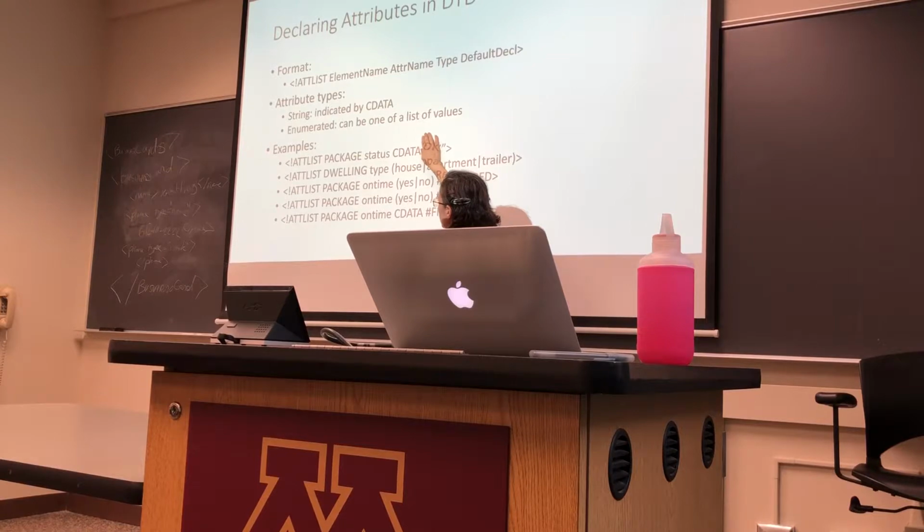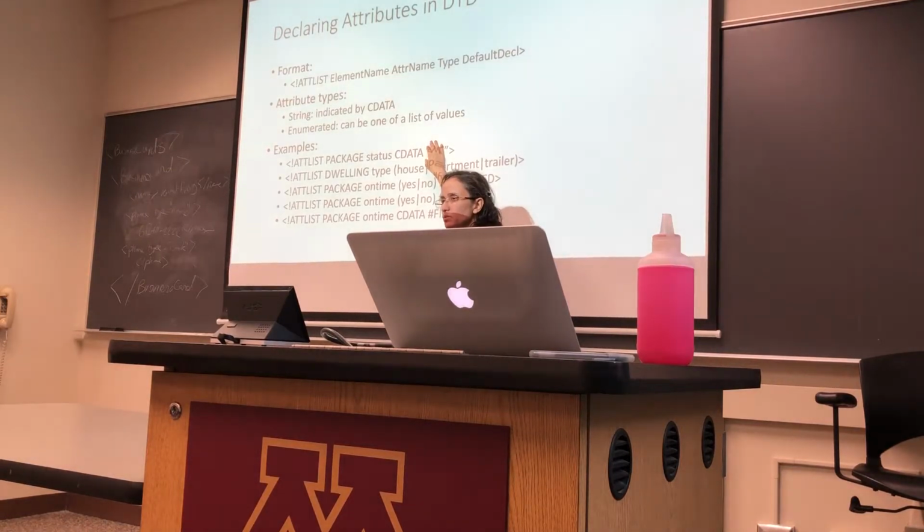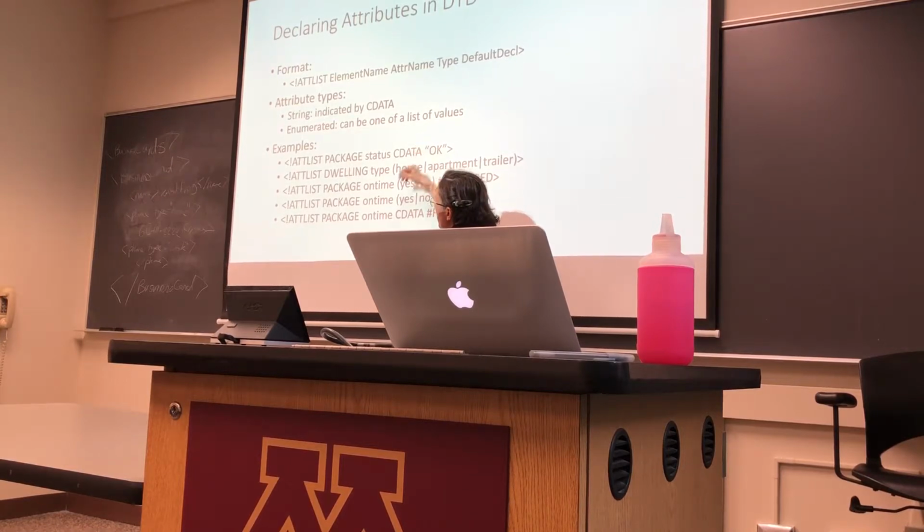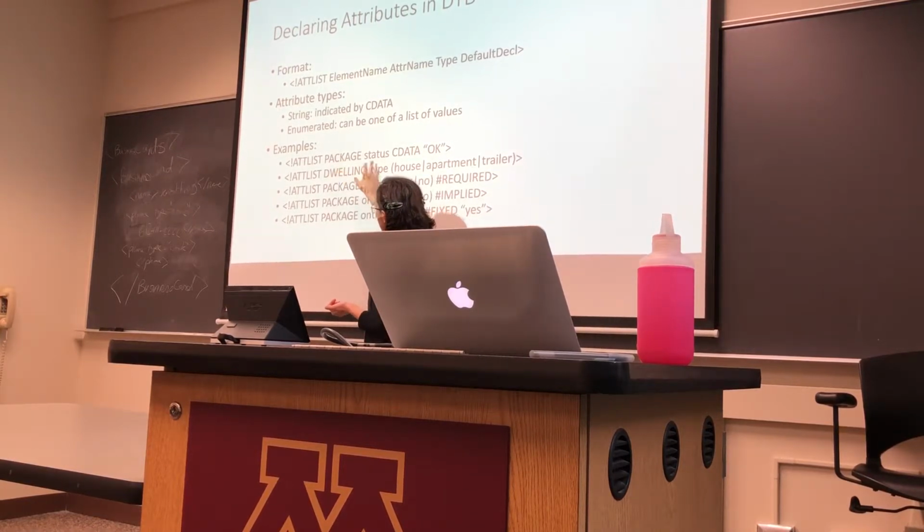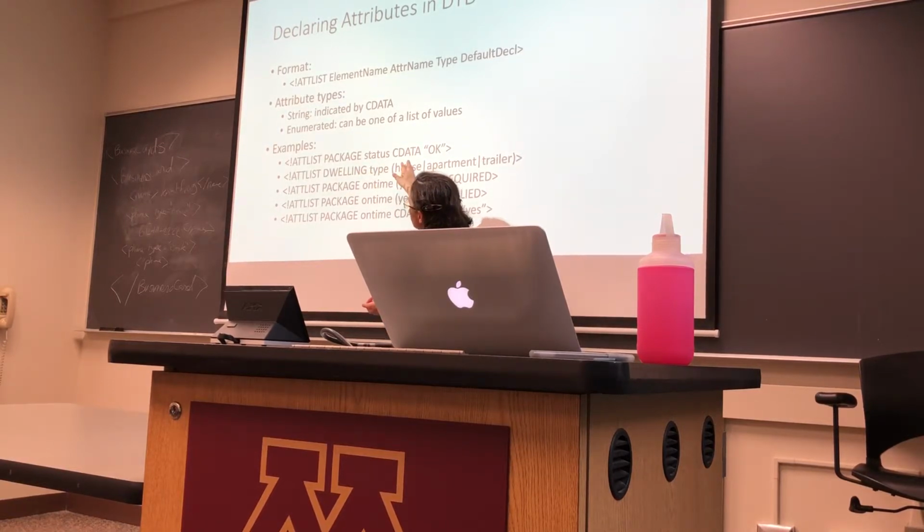If you don't get this, that's really a detail, don't worry about that. It says that I have an element package. It has an attribute named status. The type is CDATA, so it can contain any combination of letters, numbers, whatever. So character data.